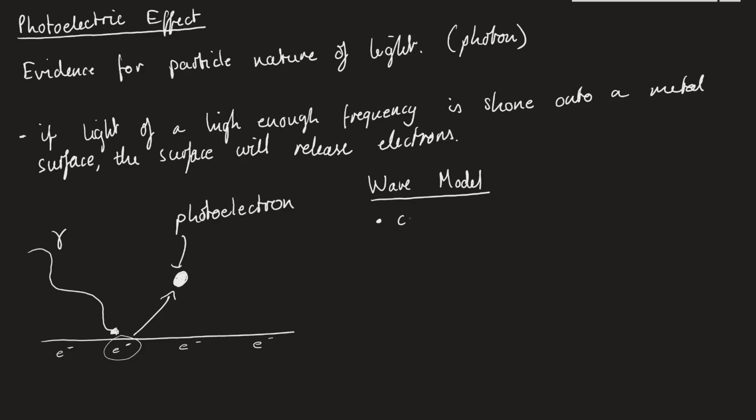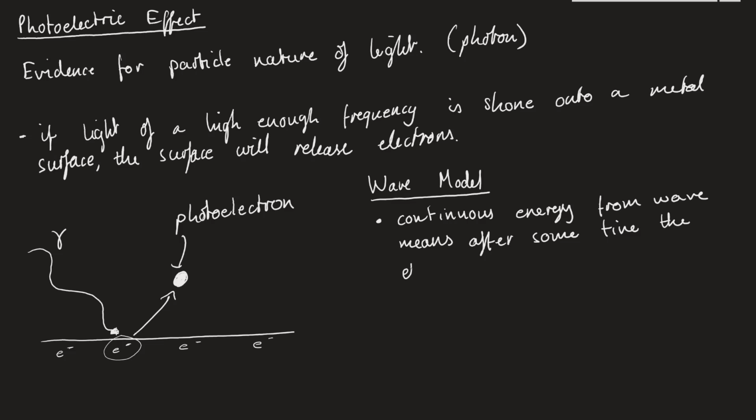Continuous energy from the wave means that if the electron just keeps absorbing loads of energy, then after some time it will always have enough energy to be emitted from the surface. It's just going to have some time delay. So continuous energy from the wave means after some time the electron will be emitted.